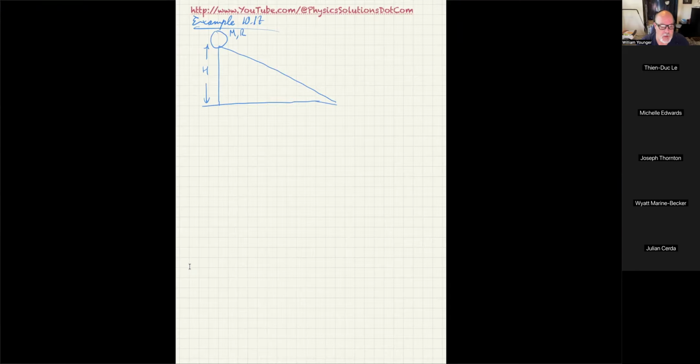What we have here is a sphere of mass m being allowed to roll down an incline without slipping. So here's a mass m, radius r, and what we're going to do is use energy methods to figure out exactly what its speed will be at the bottom.